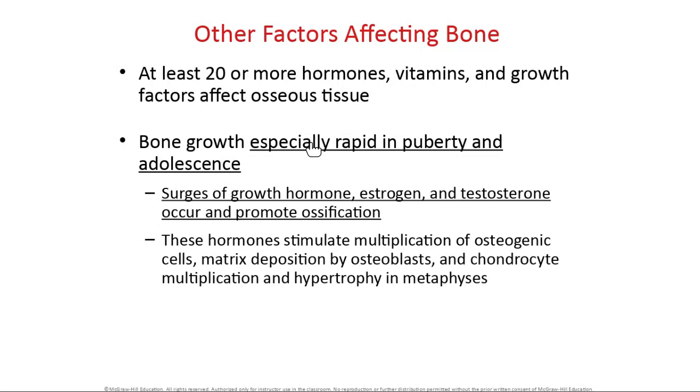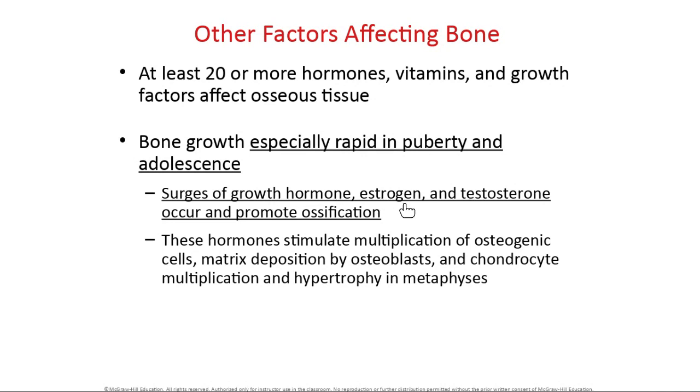And remember, bone growth is rapid in puberty and adolescence, and this is because of the surges of hormones that we get during this. We do get a surge of growth hormone, which has the most direct effect on bone growth, or let me say, growth hormone has the most significant impact on bone growth in adolescence because it affects directly at the epiphyseal plate.